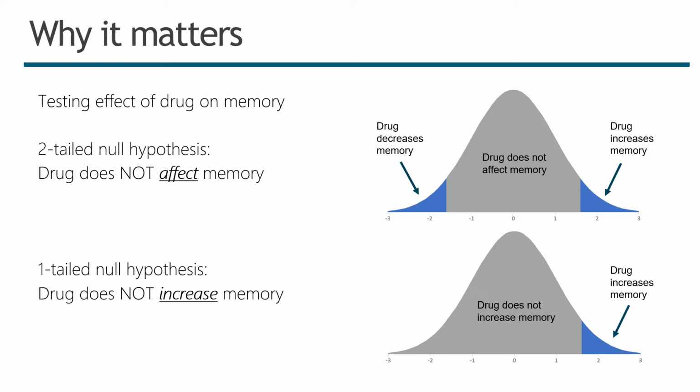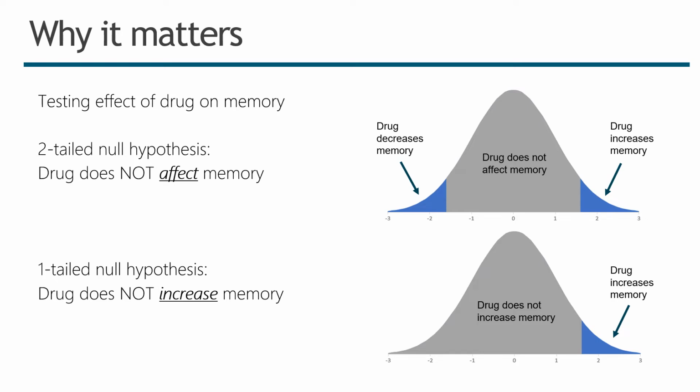The result can find evidence that the drug increases memory. It can find evidence that the drug decreases memory, or it can find that there's not sufficient evidence to say that it has any effect on memory. This type of setup is looking for three different categories of possible outcomes.